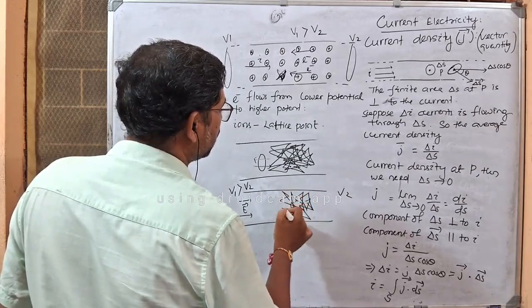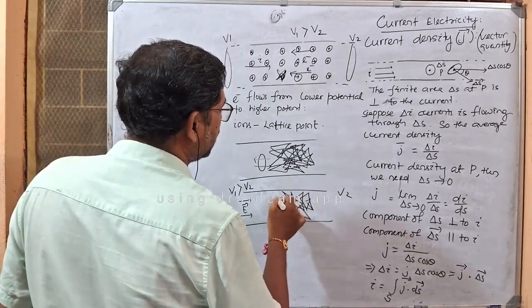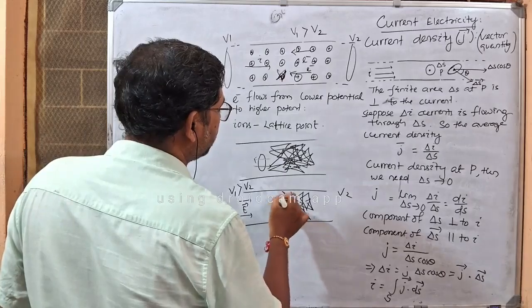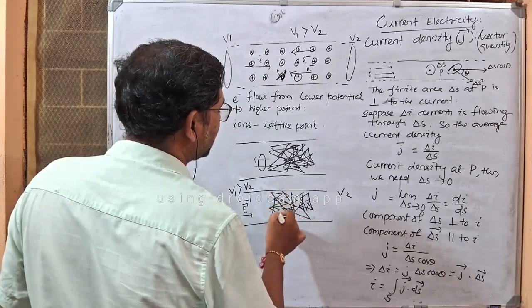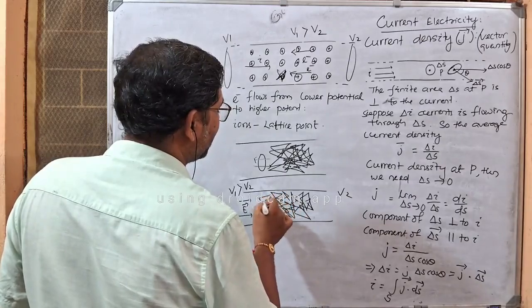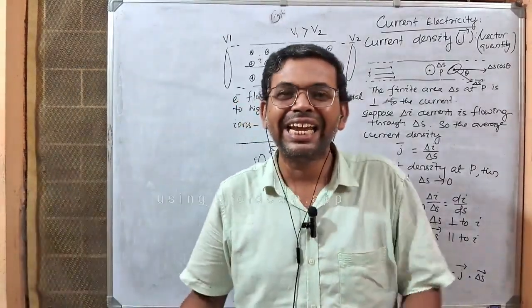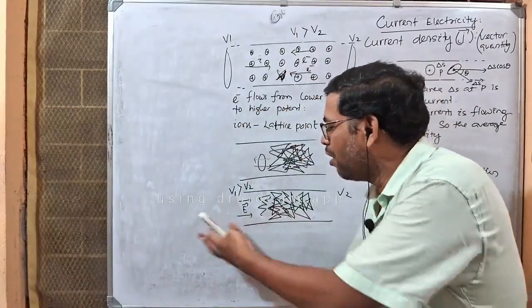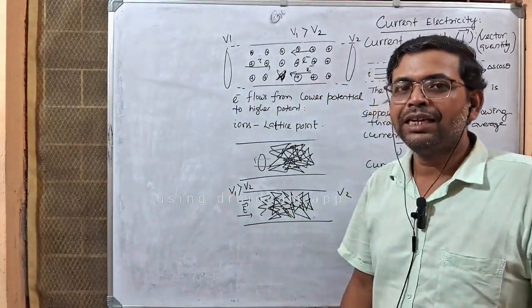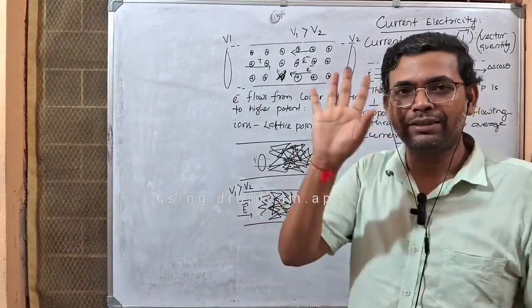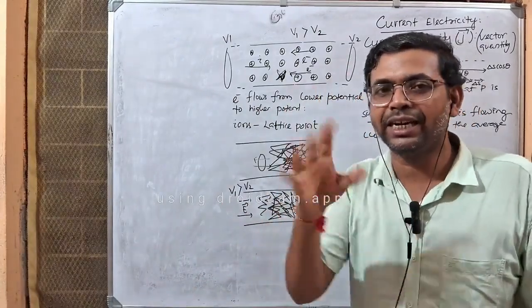Can you figure out what I am doing? It is random, but over time it is gradually in a particular direction, right? So we can say it has a net speed opposite to the field. Now it shows there is a current.